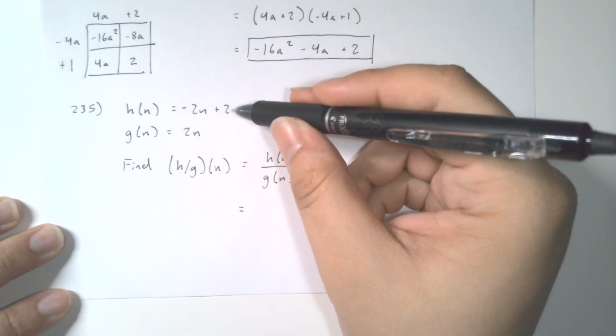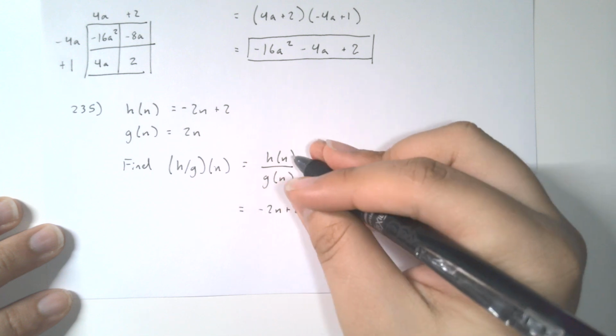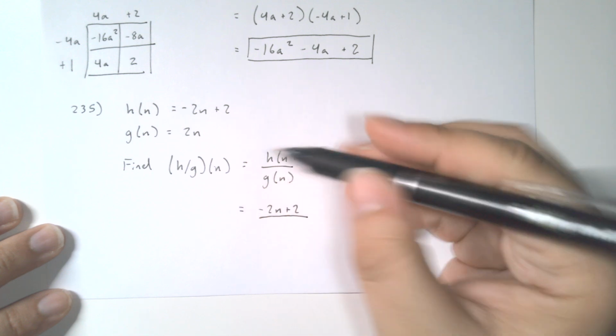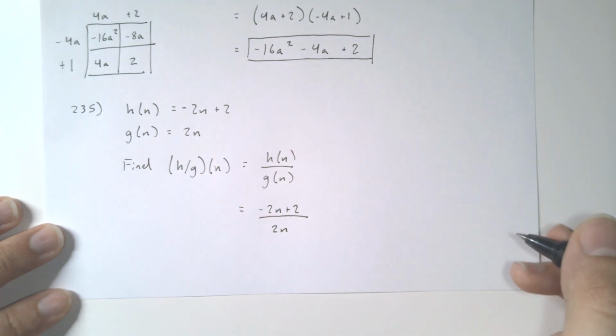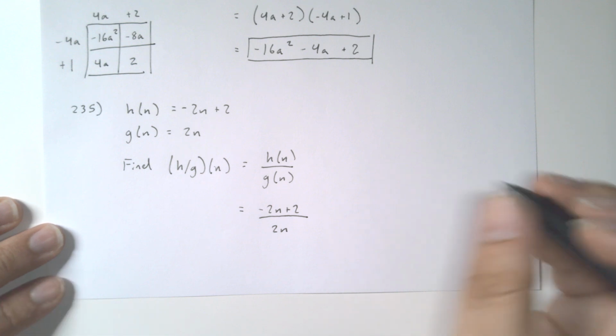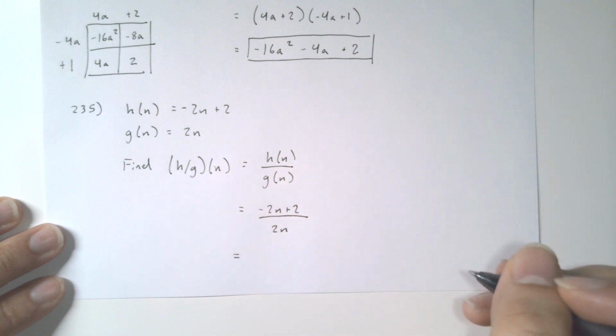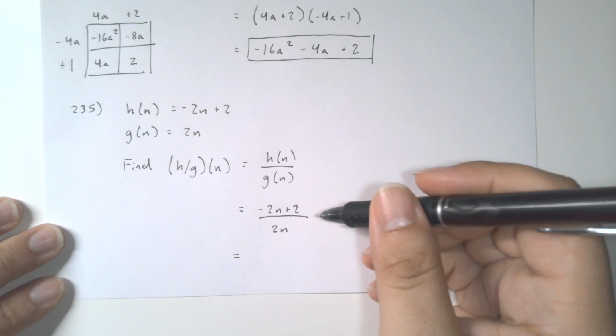We have negative 2n plus 2, so that's our h of n, divided by 2n. And so if you have this as your final answer, I'll take it. But as we saw in lab the last week and a half when we were simplifying rational expressions, we could simplify this a little bit.